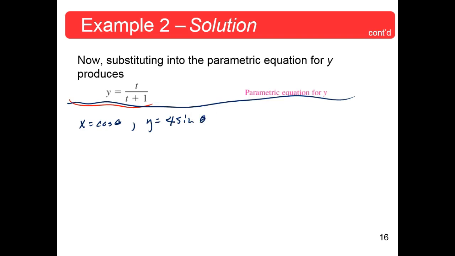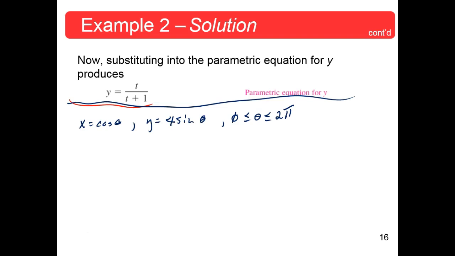And we're going to do this parameterization by 0 less than or equal to theta less than or equal to 2 pi. It says sketch the curve represented by these two by eliminating the parameter and finding the corresponding rectangular equation.